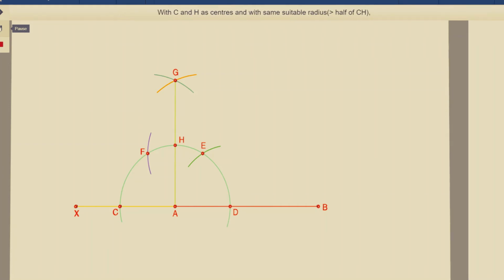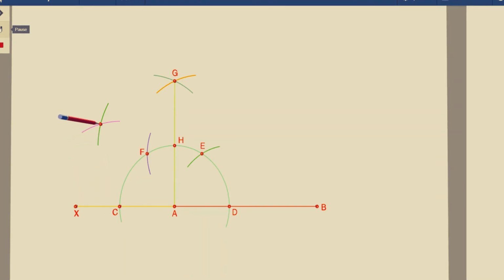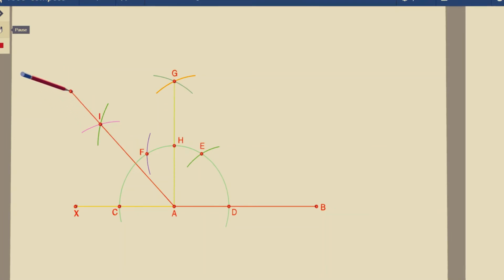Now we have to bisect angle GAX. For that we have to bisect arc HC with H and C as centers and any convenient radius. Draw two arcs which cross at I. Join AI.